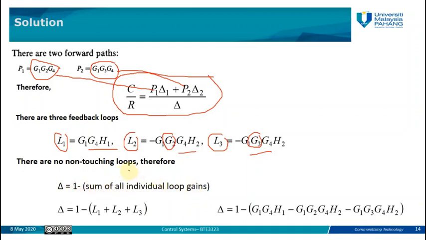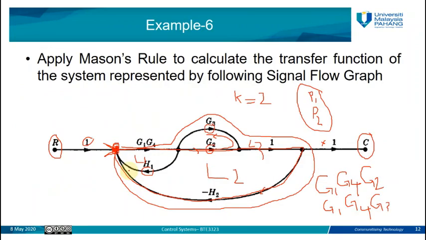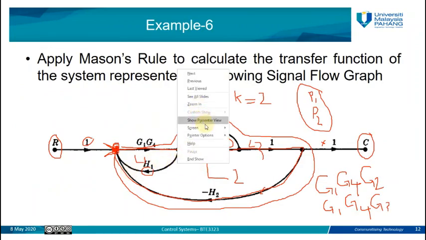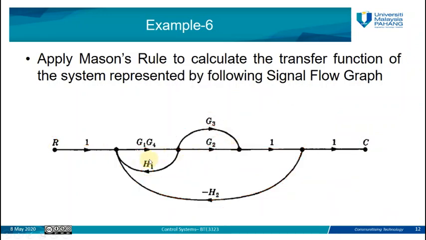Do we have any non-touching loops? Does loop 1 touch loop 2? Is there any common node between loop 1 and loop 2? Yes, loop 1 and loop 2 have this node in common, so they are touching loops, not non-touching.